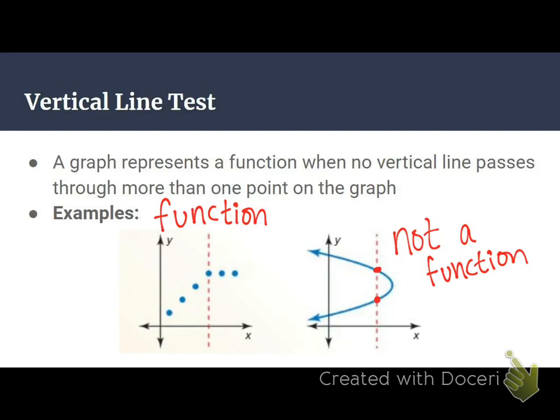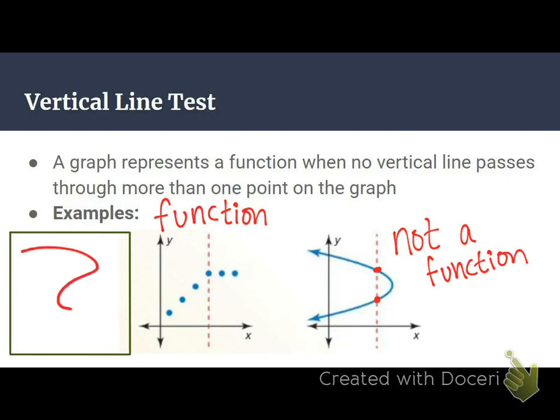So if you want to add one more example off to the side here, if we were to have a line that looked something like this, a squiggly line of sorts. If I do some vertical lines, like over here off to the side, or off on this side, how many times does it touch over here? Just once.